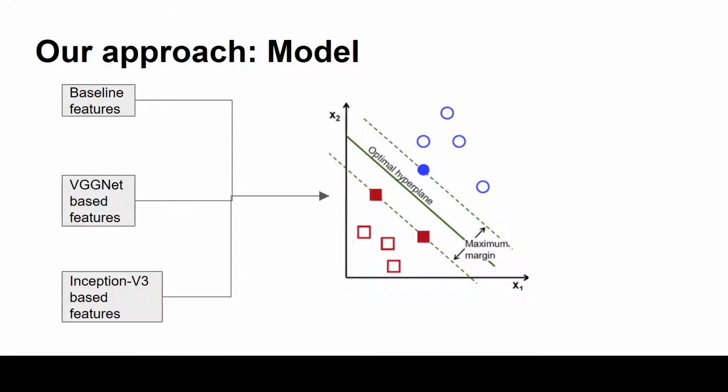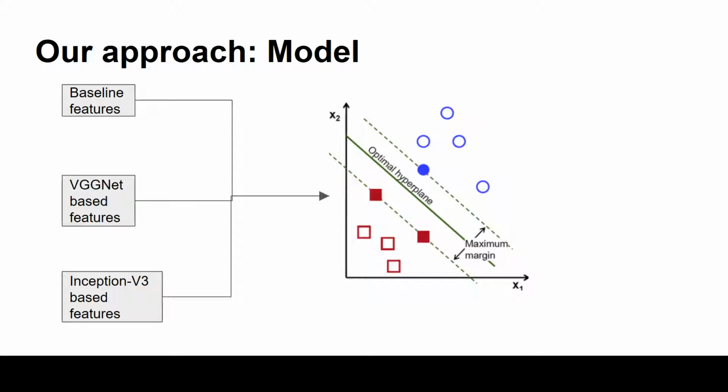So talking about what kind of model we use, as I mentioned, we extracted three sets of features: baseline features, VGGNet based features, and Inception V3 based features. We use a supervised support vector machine classifier here, and the SVM classifier is trained on various combinations of these input features, and it's trained on the Medico dataset, so it is the dataset of interest.